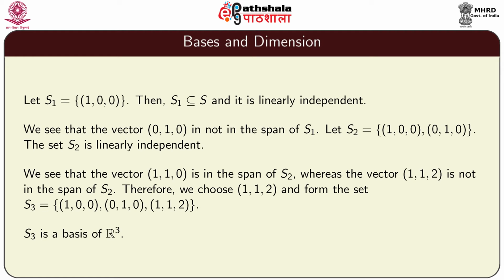So, we can surely include this vector (0,1,0) in our list and form the new set S2 given by (1,0,0) and (0,1,0), and the set S2 is of course linearly independent over the real field.